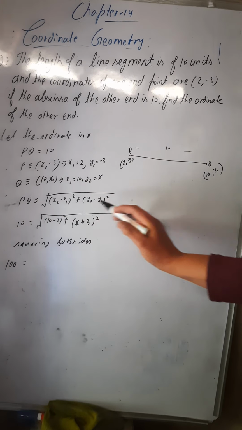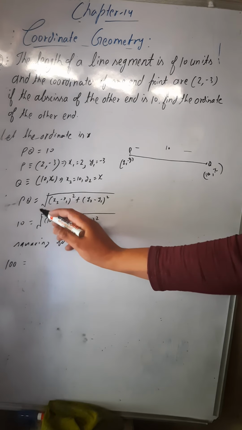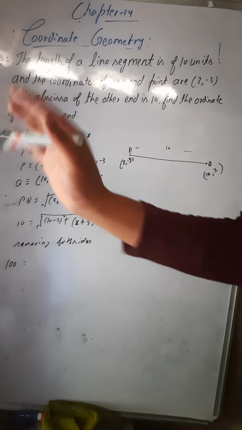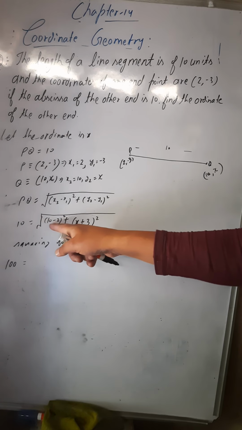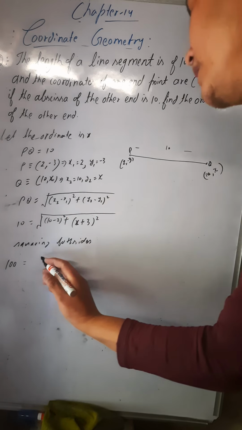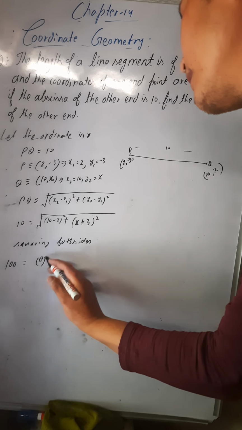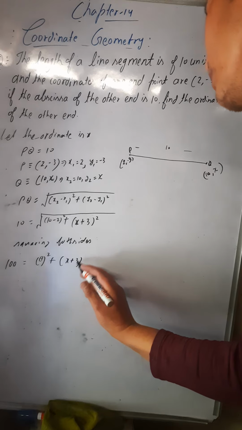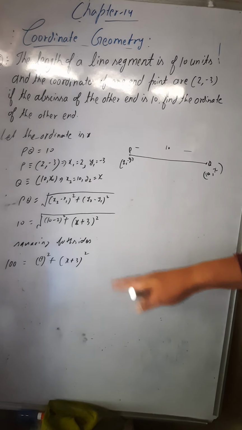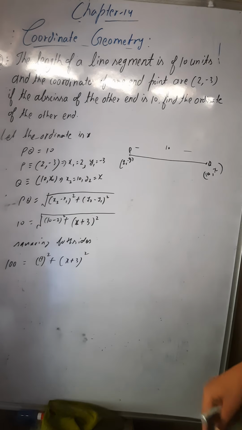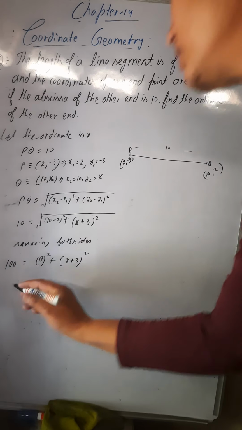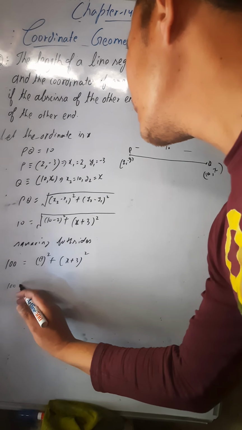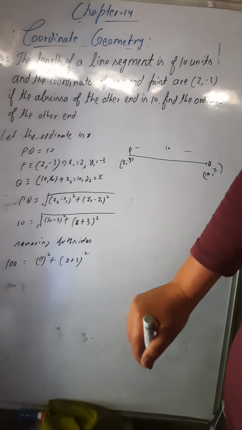And on the right-hand side, this square root will be removed. So what will be left inside? 10 minus 2, 8 square will be left, plus x plus 3 whole square will be left. So this 100 will be equal to, visible or not?